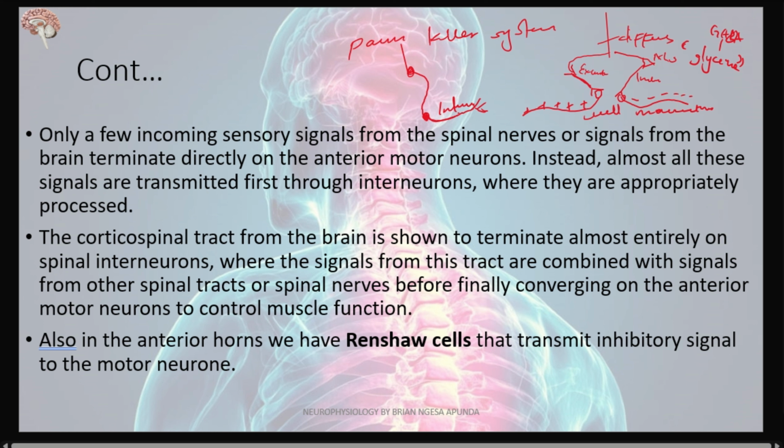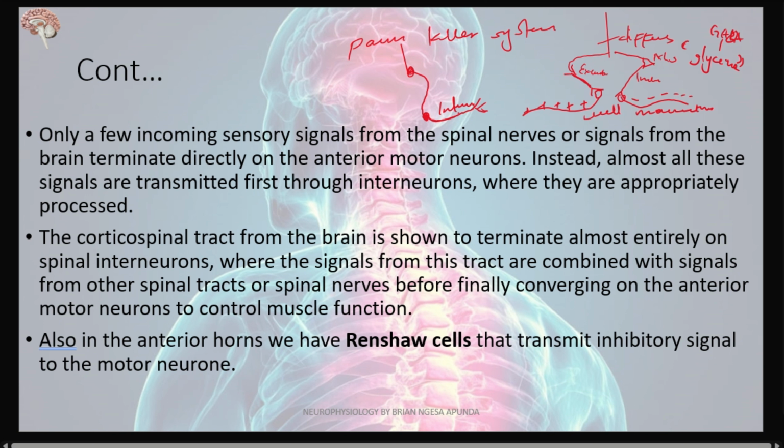So also in the anterior horns, we have some other specialized type of interneurons. These are called the Renshaw cells that transmit inhibitory signals to the motor neuron. So just know the very important role of the interneuron.